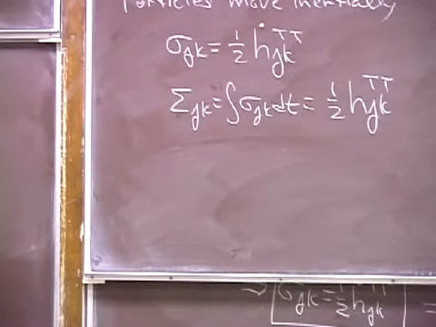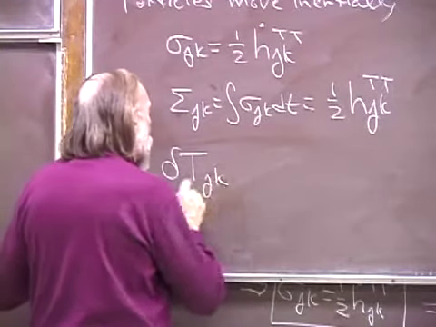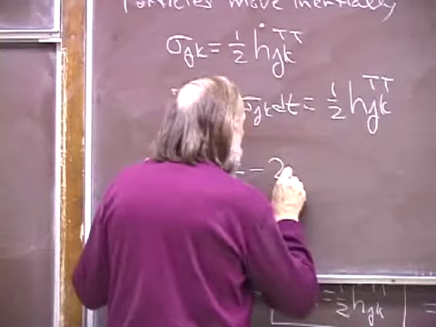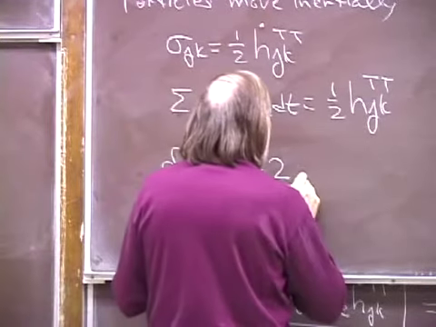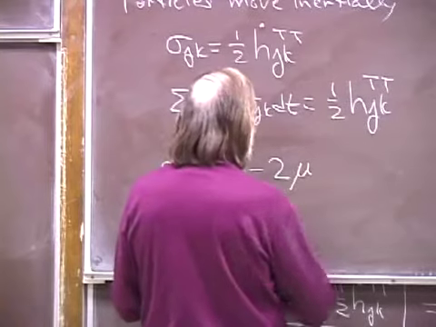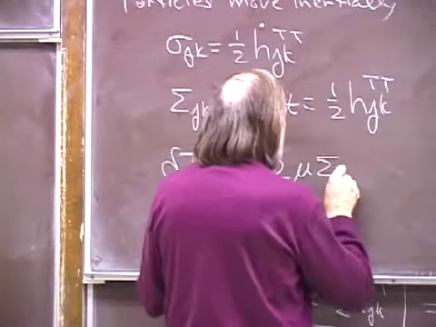That resistance is described by a stress tensor perturbation, which is equal to -2 times the coefficient of shear elasticity, 2 mu times sigma jk.